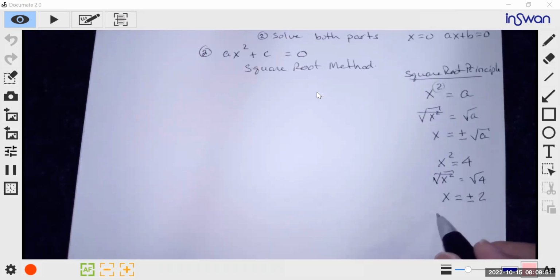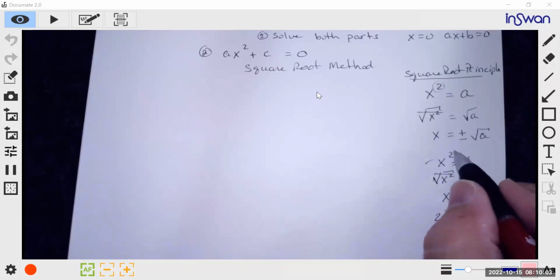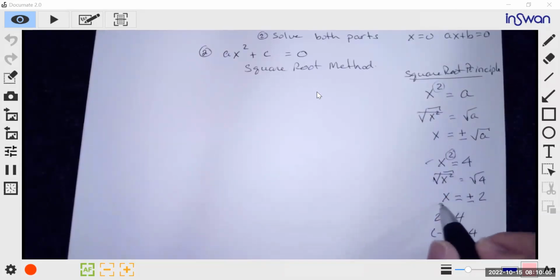Because 2 squared equals 4, that satisfies that. And negative 2 squared also equals 4. So the answer could be positive or negative. Also, the degree tells us we'll have at most 2 answers.